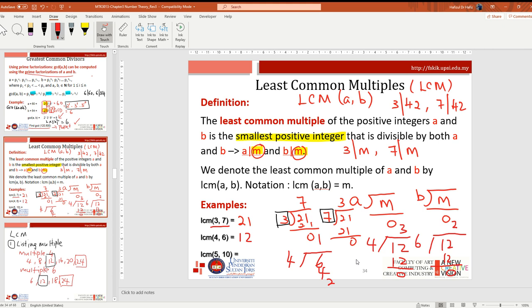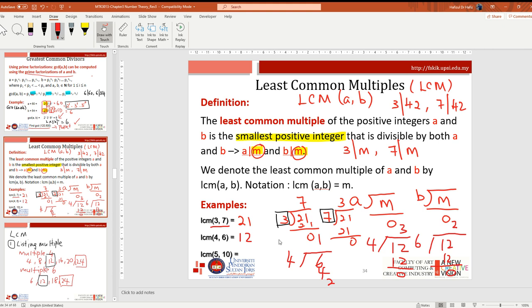Yeah, and then the least common multiple, LCM. I already told you, we have to find the smallest positive integer that is divisible by both a and b. For example, the LCM of 3 and 7 is equivalent to 21.